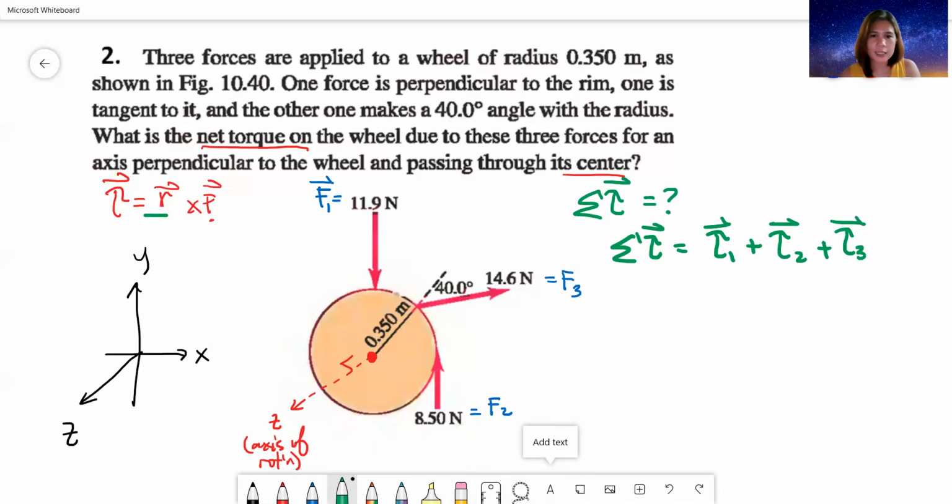Okay, so isahin na natin siya ngayon. Si F1 here, this is the point of application of F1. This is the axis of rotation.